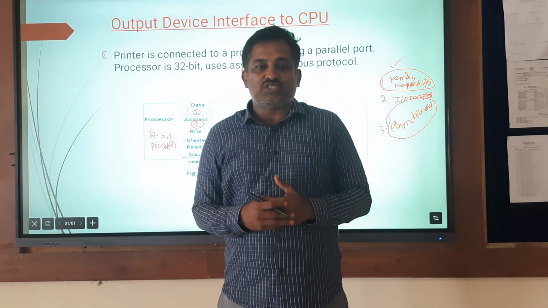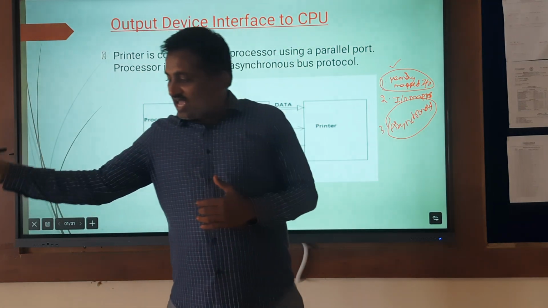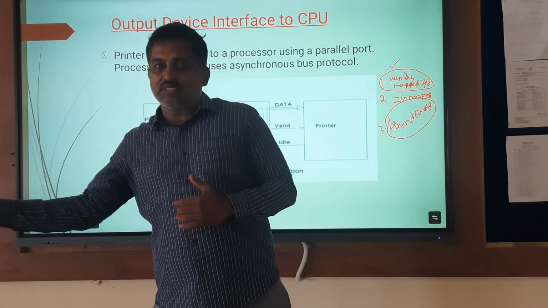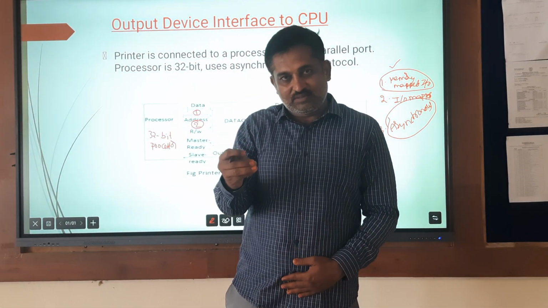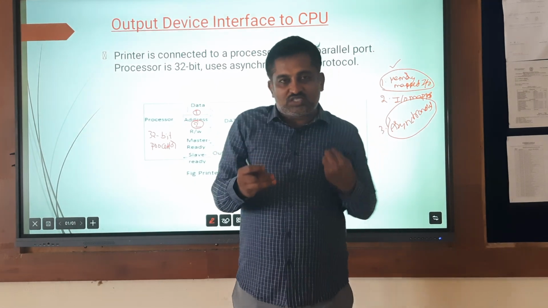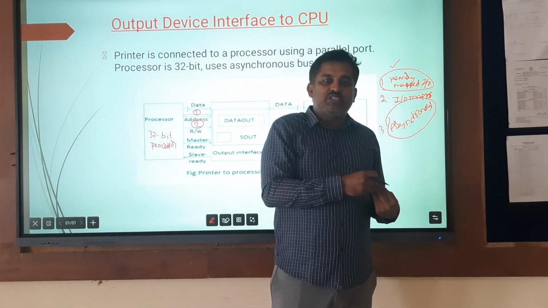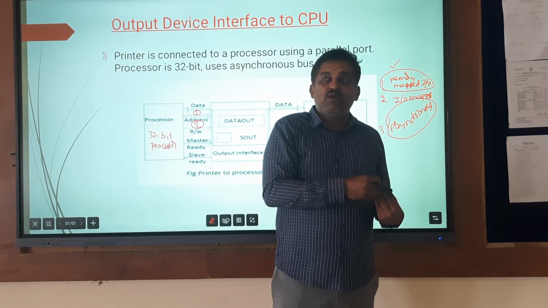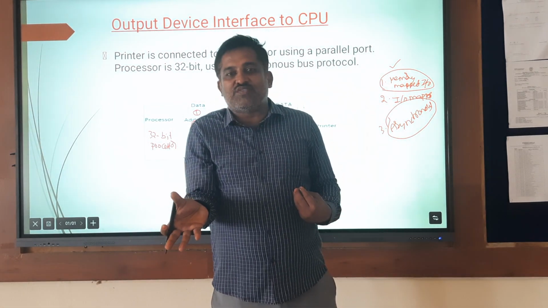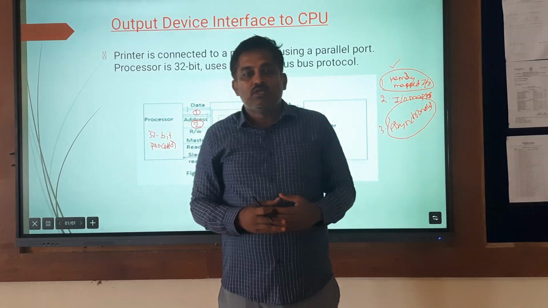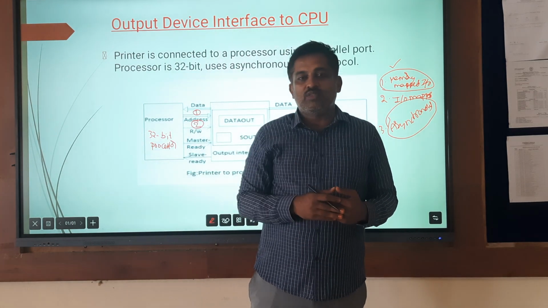Whenever the read operation is performed, the addressed slave device places the data on the bus so that the processor reads the data from the bus into its input buffer register with the help of the interface circuit. Okay, so that is a read operation.